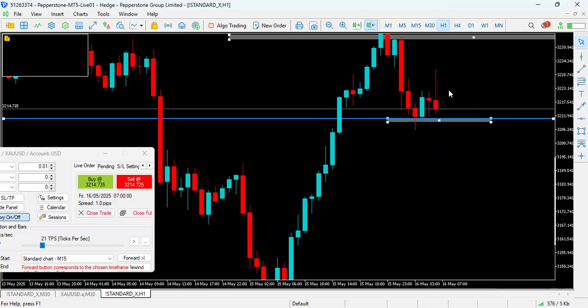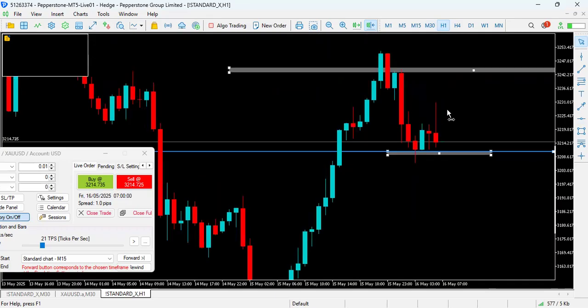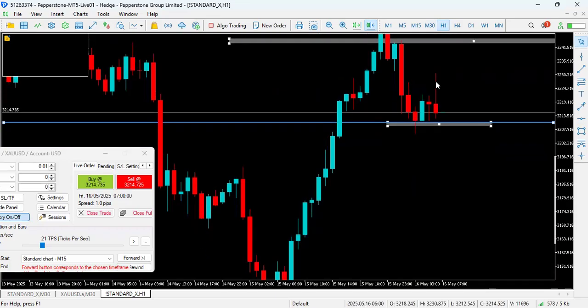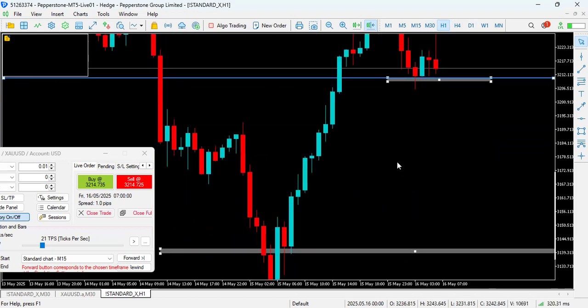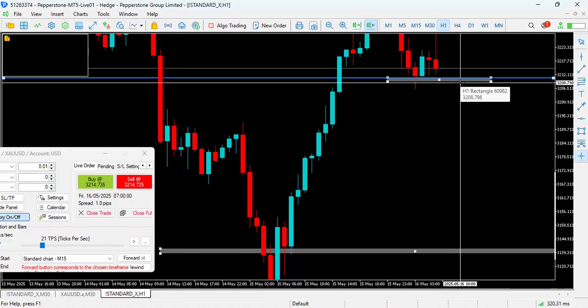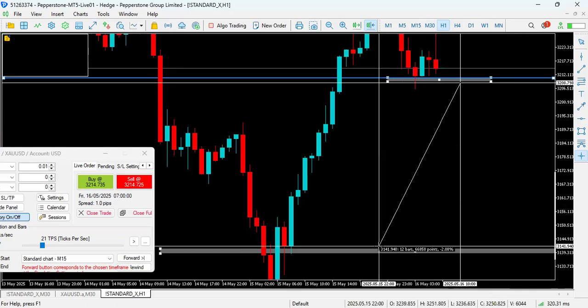From the 1 hour perspective as well, it's a choppy market and there is a clean traffic to the left. Anything that breaks and closes below this range, which is 32.08, you can get a clean traffic to the left, which is 668 pips.